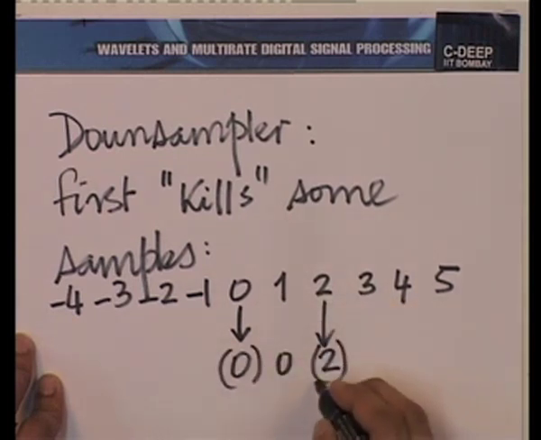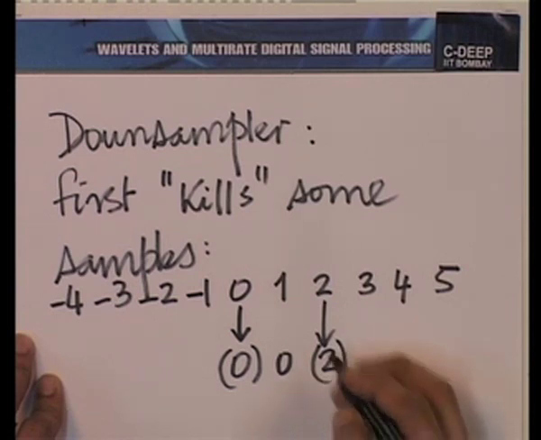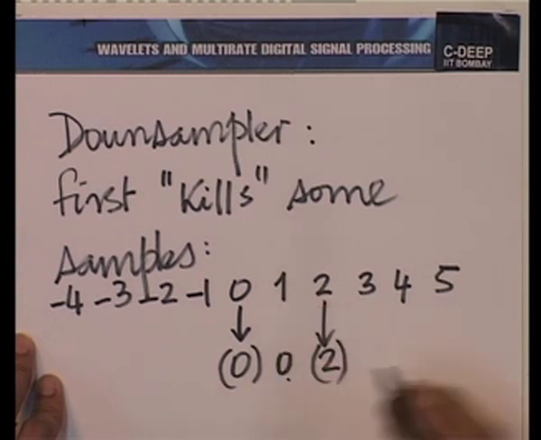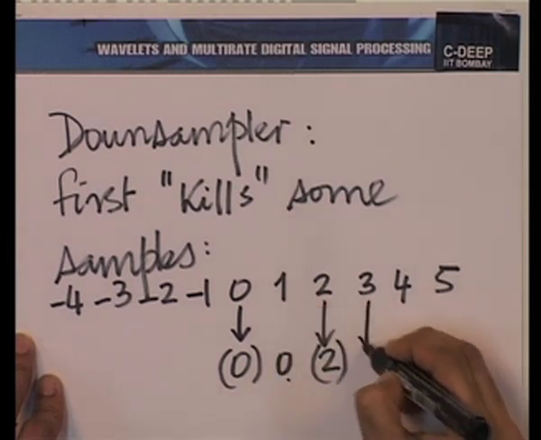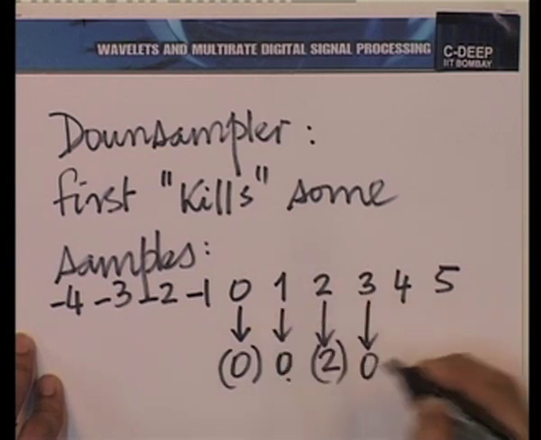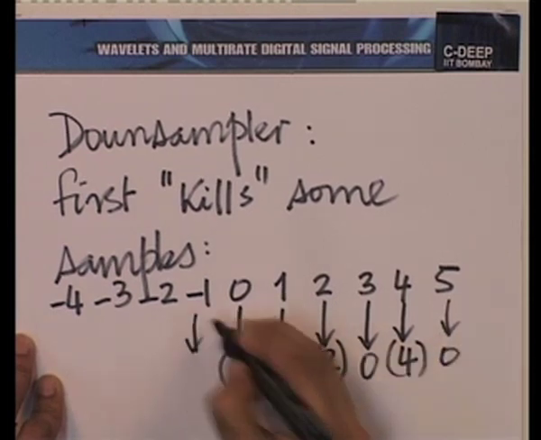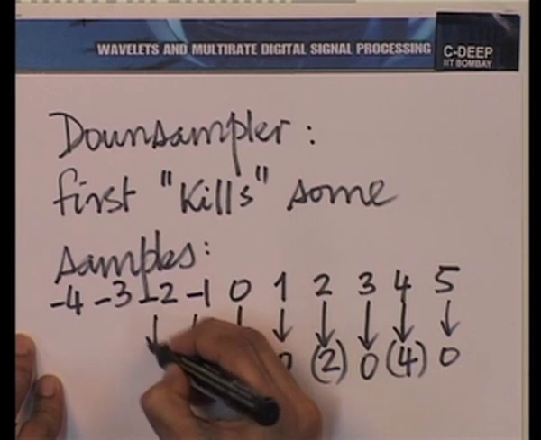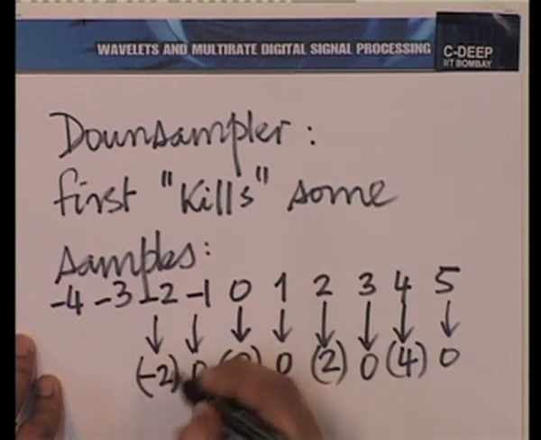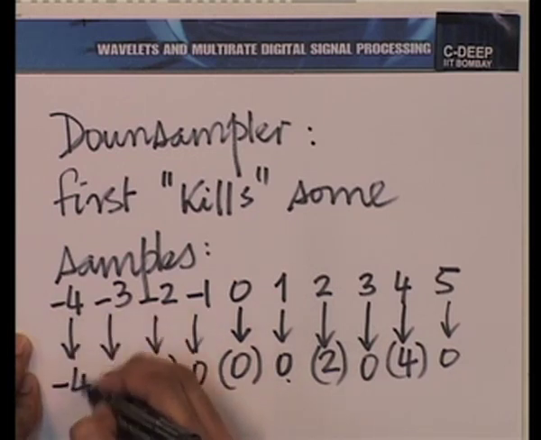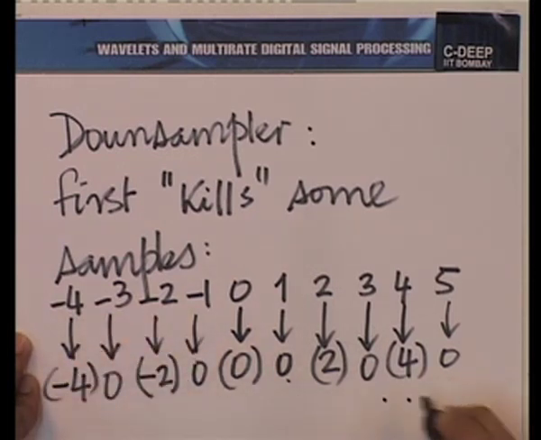So, when I write the number in brackets, what I mean is this sample is brought forth as it is, and when I write 0 here, what I mean is this sample is made 0. So, this is made 0, 4 as it is, 5 is made 0, minus 1 made 0, minus 2 as it is, minus 3 made 0, minus 4 as it is, and so on so forth. So, this is the first step.